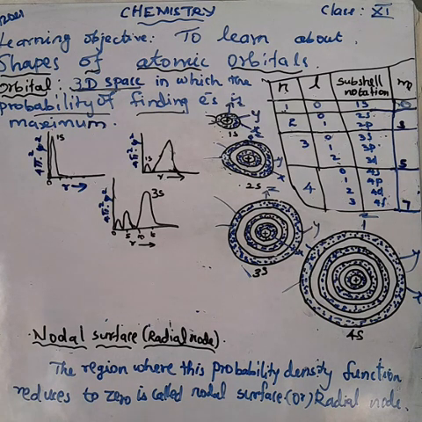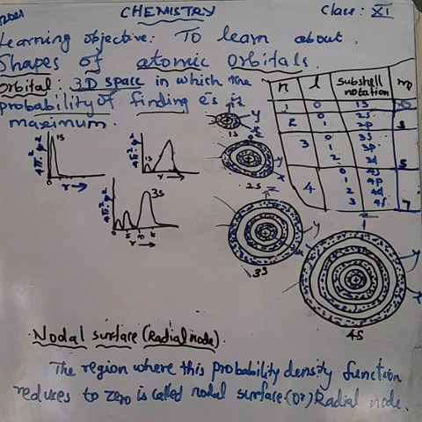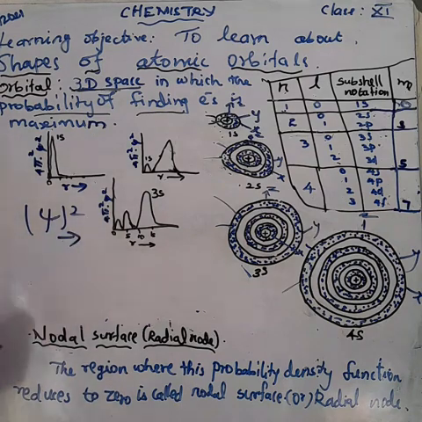Let us analyze how psi square varies with the distance from the nucleus and the direction from the nucleus.